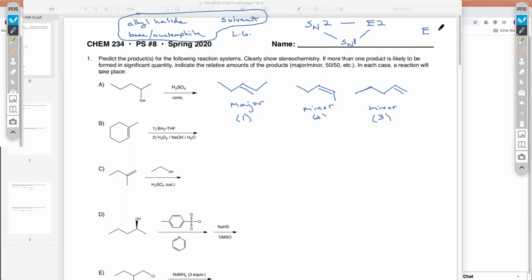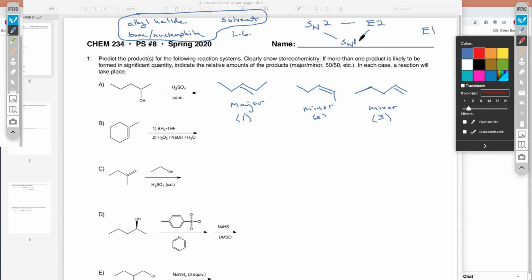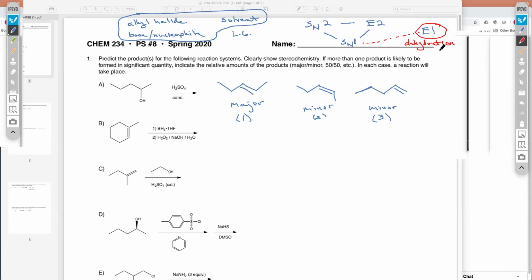And so E1 is almost its own sort of separate consideration. Certainly E1 can have a little bit of competition with SN1. But for the most part, we think of this as separate, and almost always the reaction that's going to be useful to us for an E1 mechanism is just a dehydration. And so typically speaking, you'll only use E1s for dehydration, much like what we saw here.